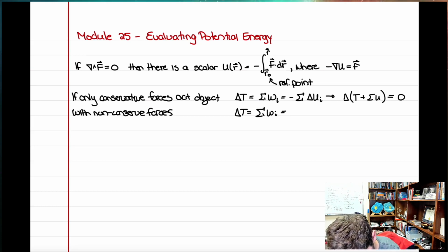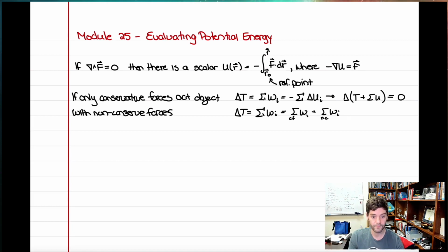But then I can break the sum up into the work of conservative forces, and then there might be work being done by non-conservative forces. The conservative forces all have their own potential energy function.